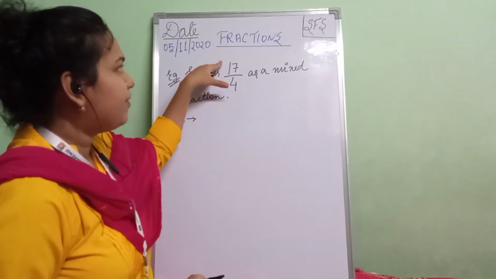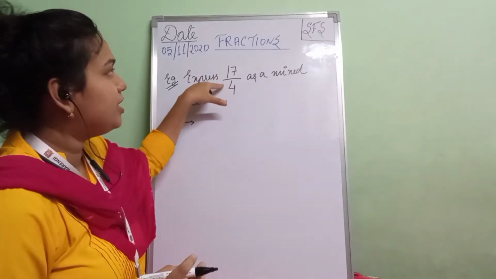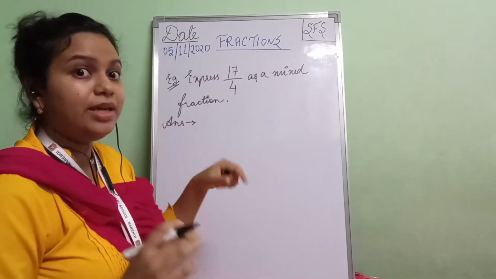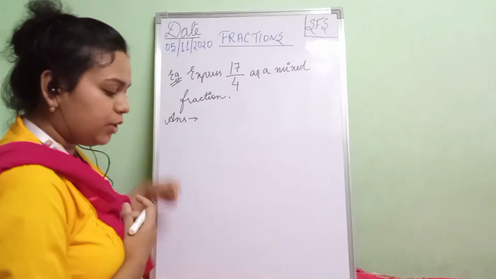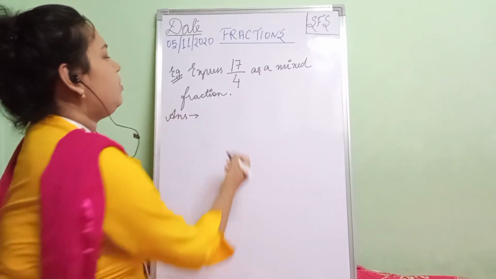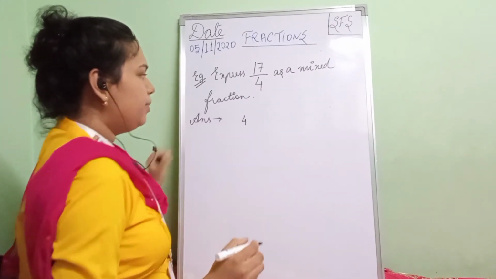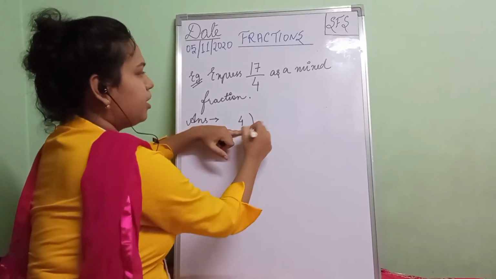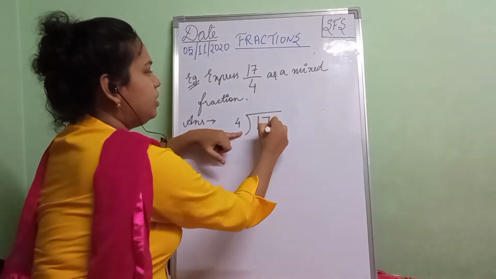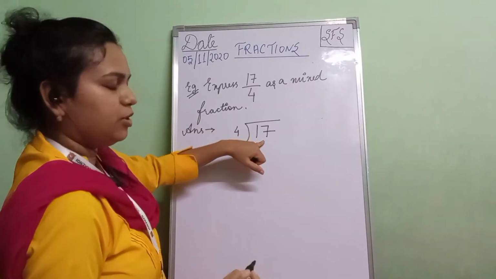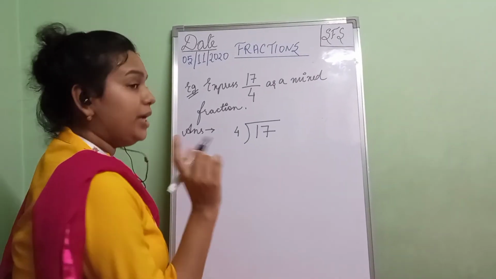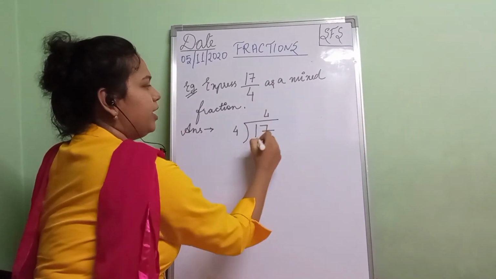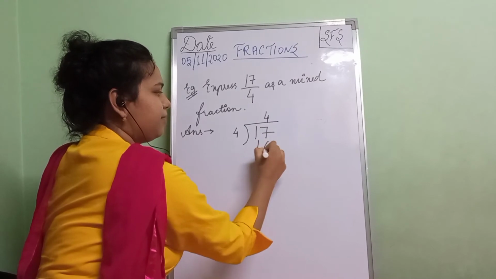And since 17 is greater than 4, 17 can be divided by 4 using long division. So what we will do is, at first you will write 4 as the divisor. Use long division to divide 17. Now we know that 4 into 4 is 16.